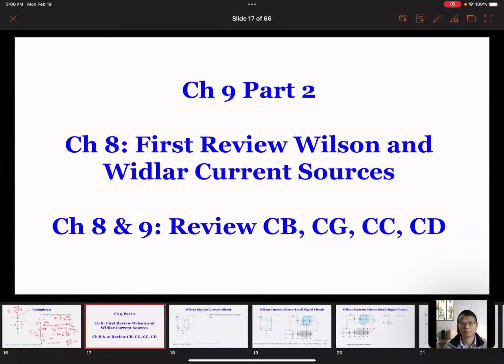We're going to go through mostly chapter 8 and a little bit of chapter 9 today. We're first going to go through the Wilson and Widlar current sources and explain how they work. Then we're going to dive into the common base and common gate amplifiers, which are in the book.